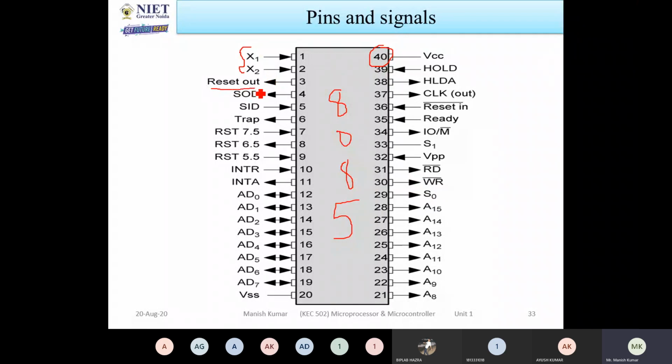Next is reset out. If you want to reset some devices with the help of the processor, then you can use reset out. One is reset in also. See that reset in. With this pin, you can reset the 8085. SOD and SID are both used for transferring the data. One is serial output data, another is serial input data.